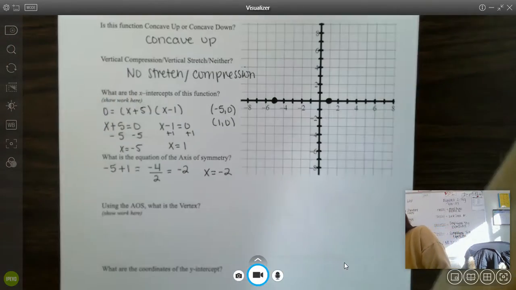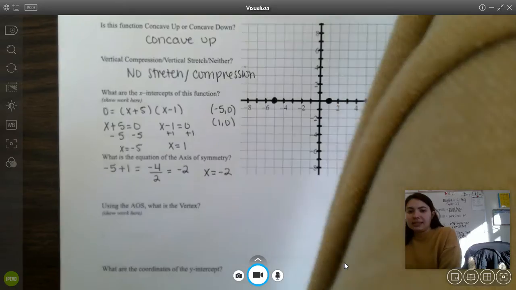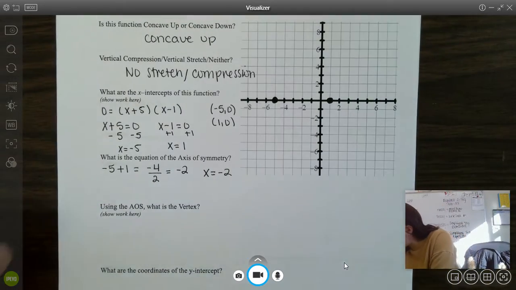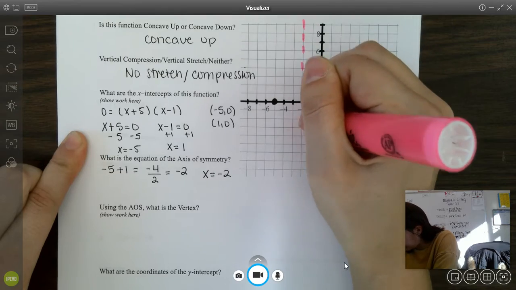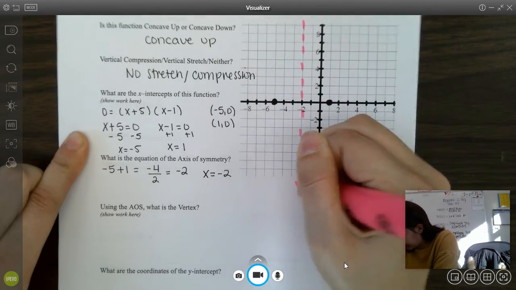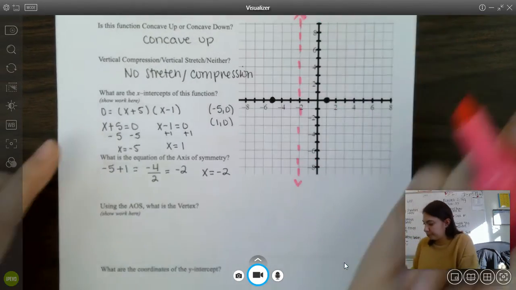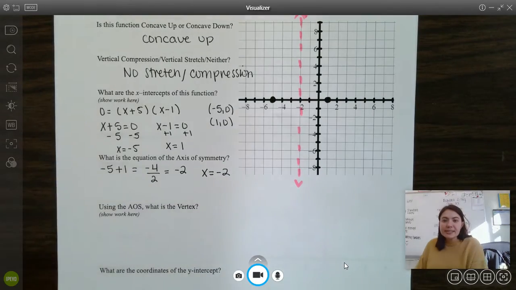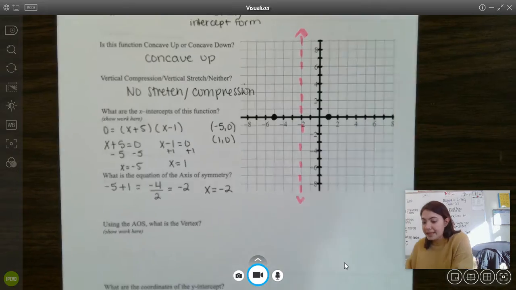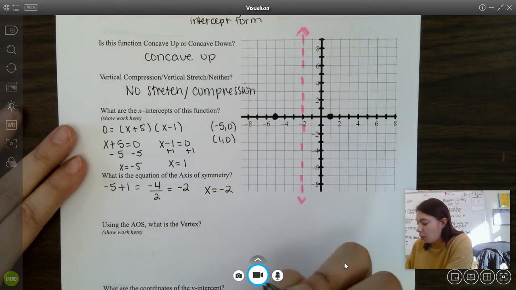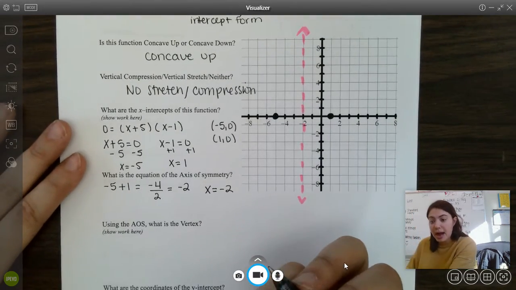And I'm going to use a highlighter for this example. You can go ahead and put that dashed axis of symmetry in the line where x is equal to negative 2. Now, using that axis of symmetry, we can find the vertex. The axis of symmetry, where x is equal to negative 2, is our x value.